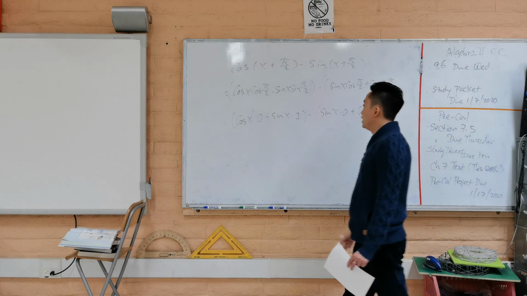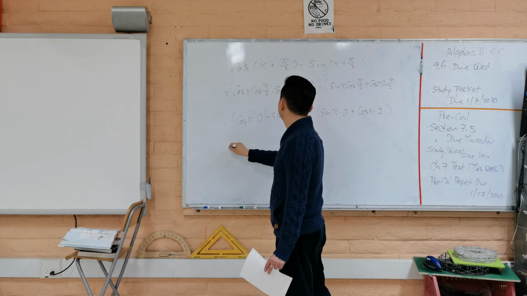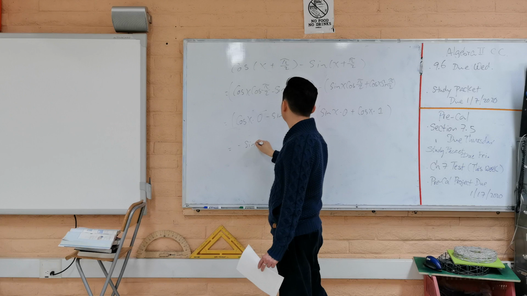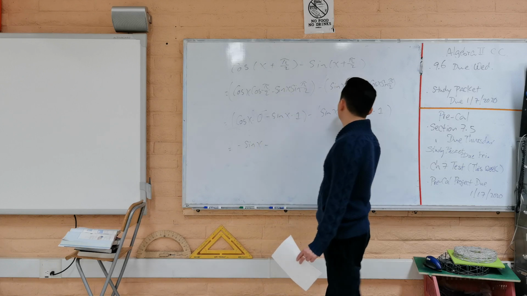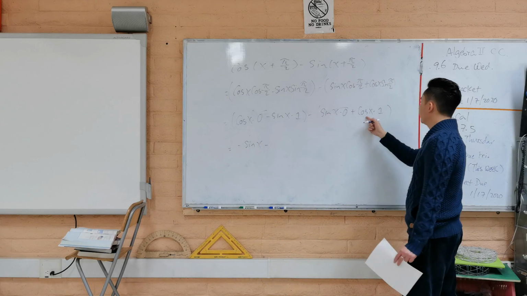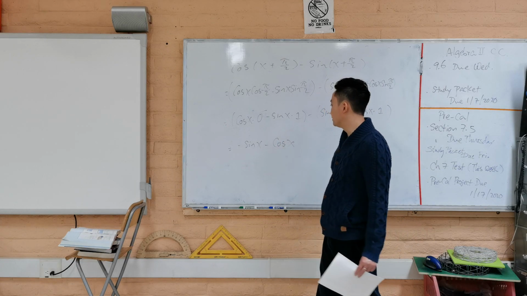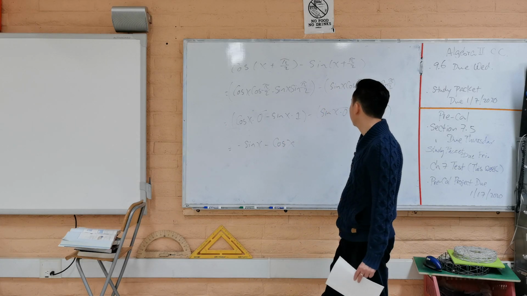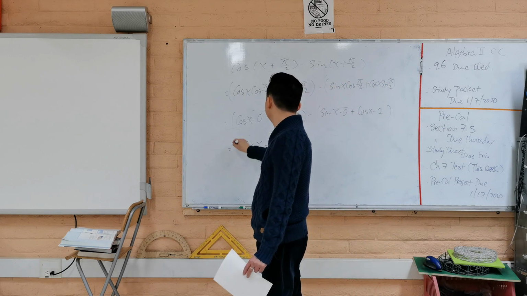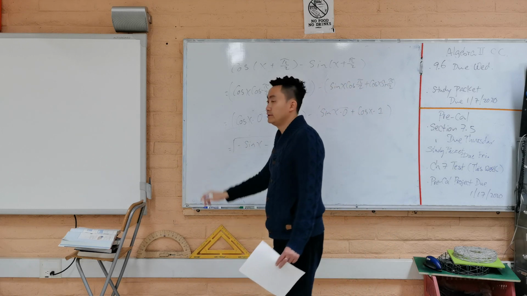So this term got canceled, and we're left with negative sine of x minus, this one got canceled also, cosine of x. Eventually it's negative sine of x minus cosine of x. That's the simplest form.